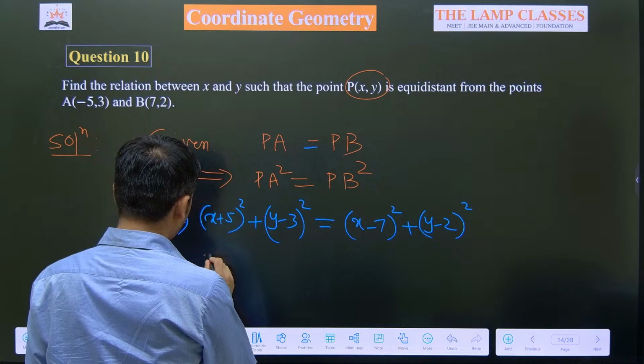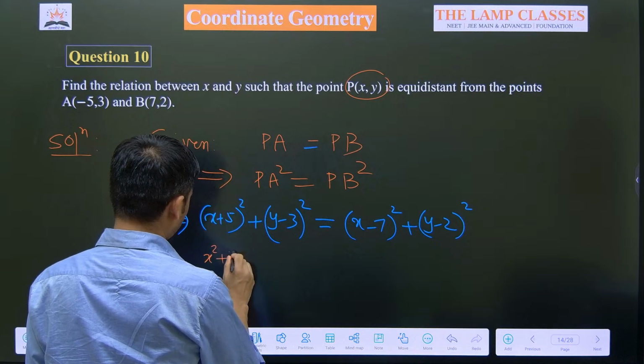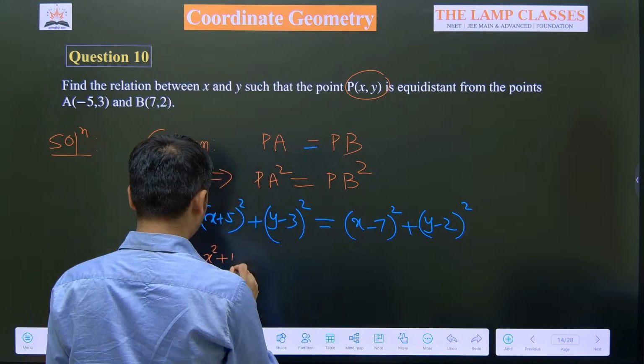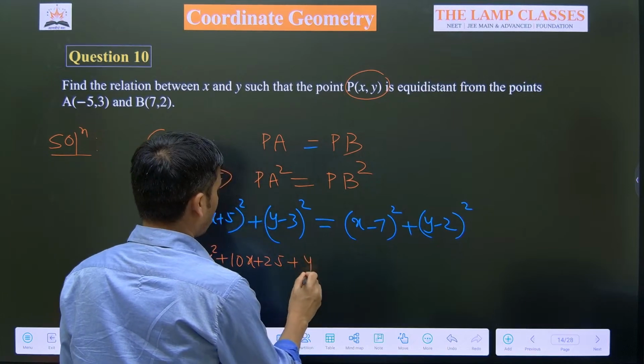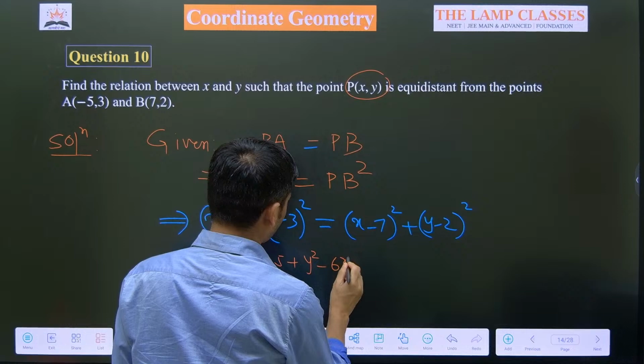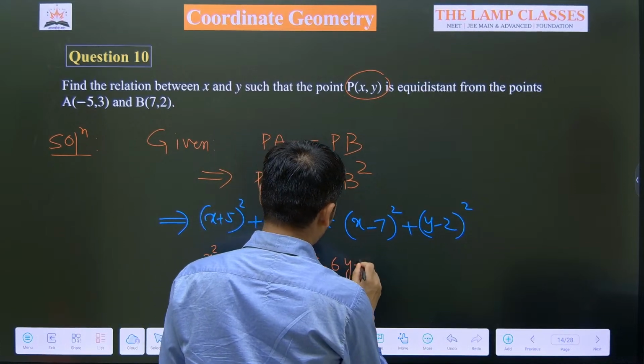So it is x square plus 10x plus 25 plus y square minus 6y plus 9.